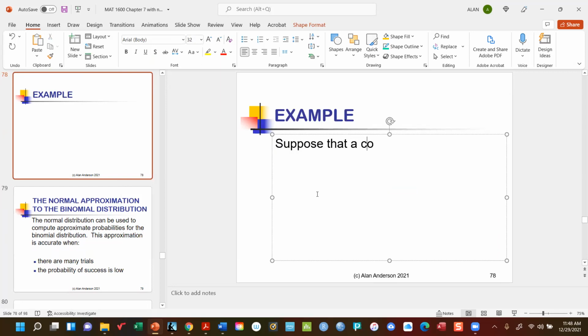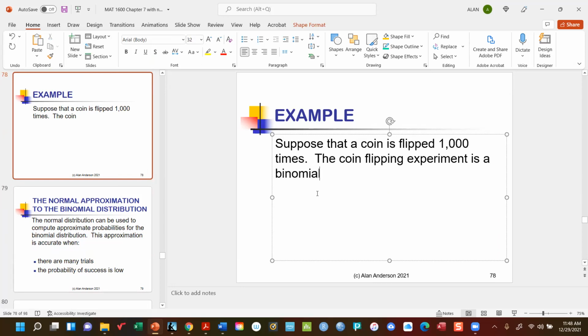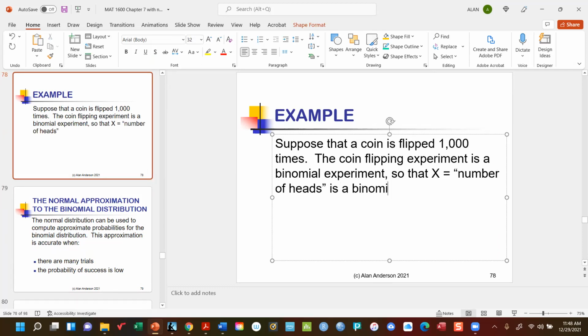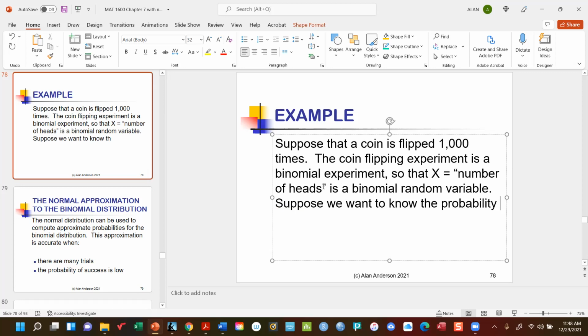Suppose that a coin is flipped 1,000 times. The coin flipping experiment is a binomial experiment, so that x equals the number of heads is a binomial random variable. Suppose we want to know the probability of getting between 400 and 600 heads.